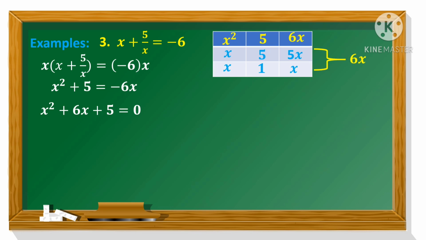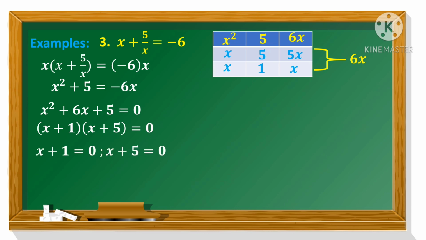If we add, that's equal to the linear term. So therefore, the tabulation and the entries are correct. So we can pair this diagonally. So the factors now are x plus 1 times x plus 5. Okay? And equate each factor to 0. Then we solve for x. So our x now is negative 1 and negative 5.